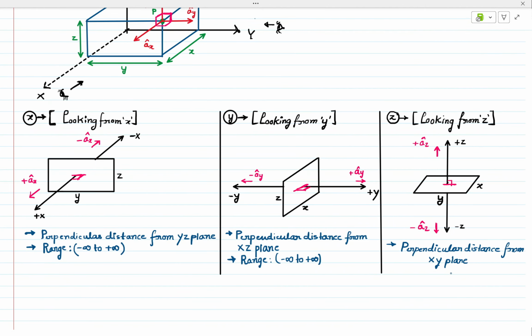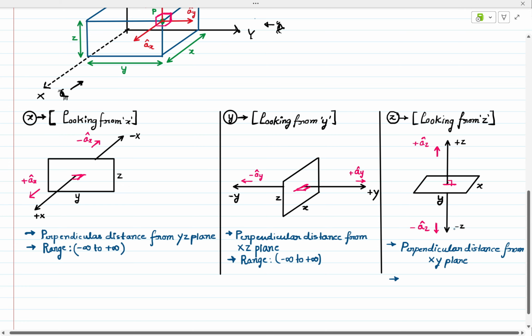Okay. And what is the range of this Z actually? The range is the same, that is minus infinity to plus infinity.